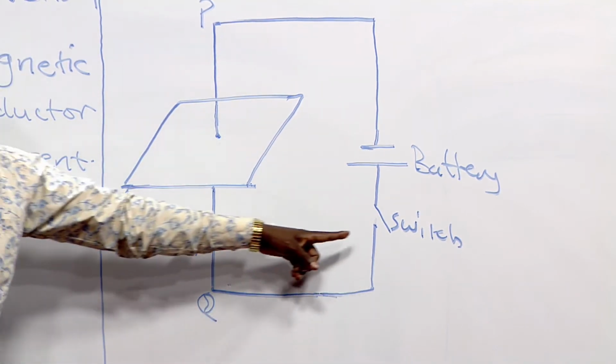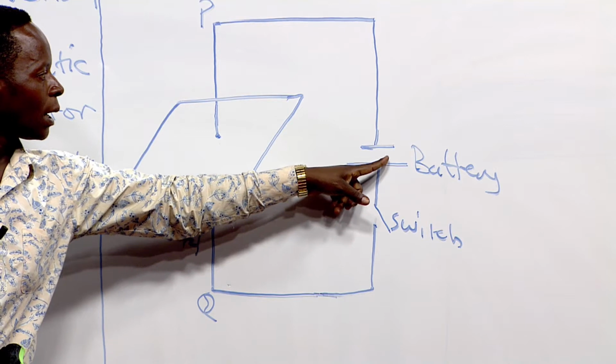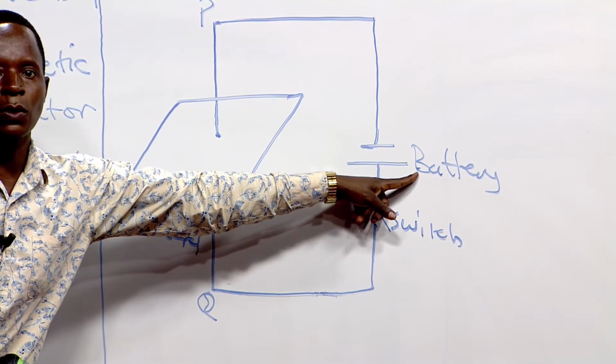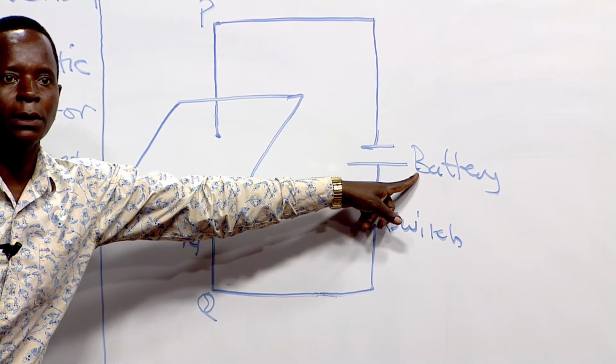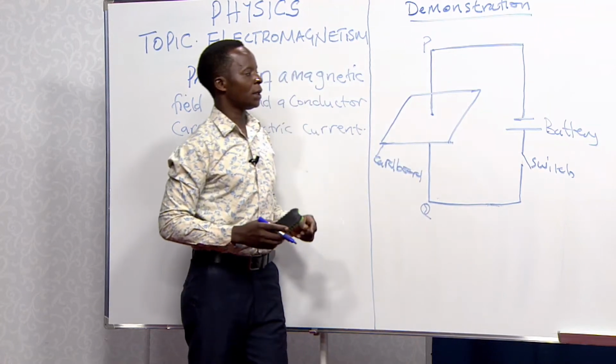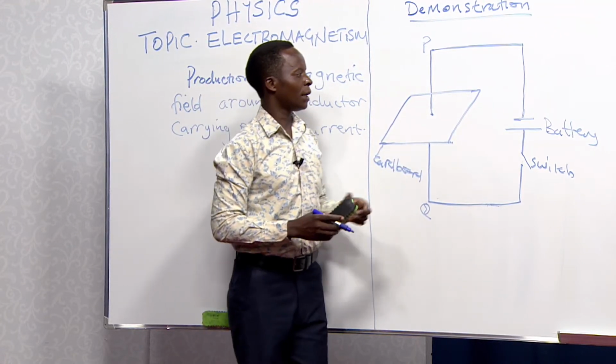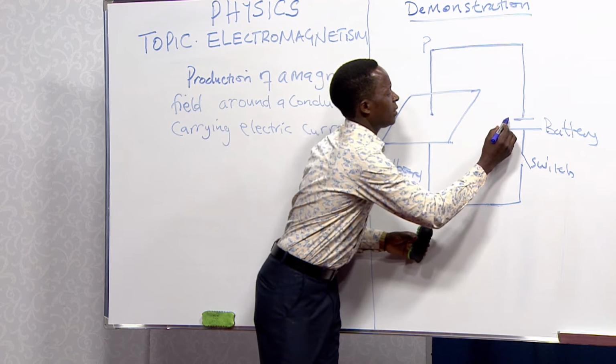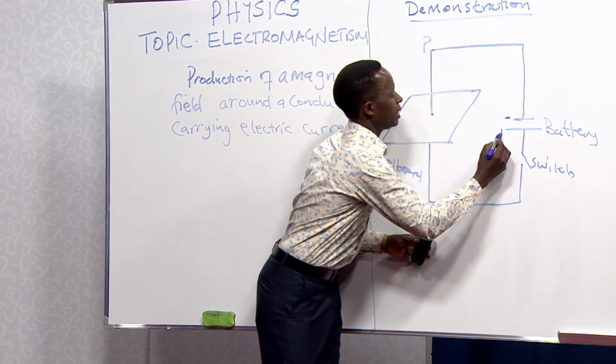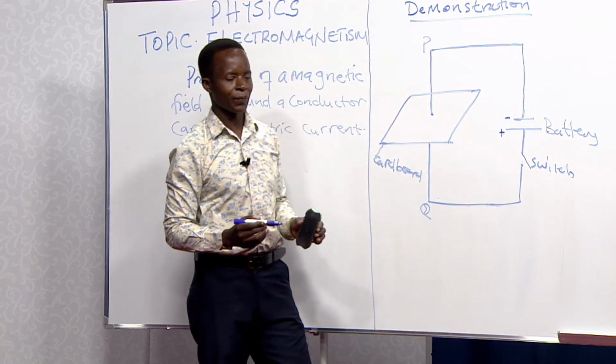When you close the switch, the battery is going to cause the flow of current. Remember, this is a negative terminal, while this one is a positive terminal.